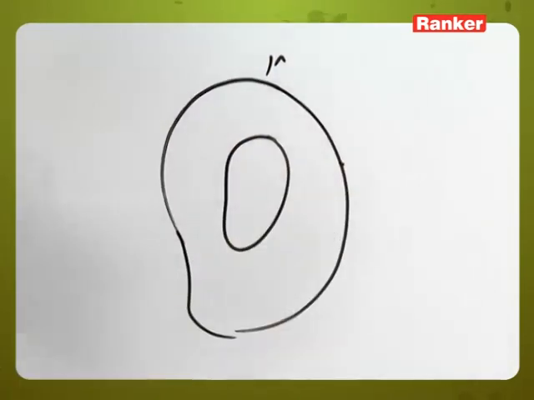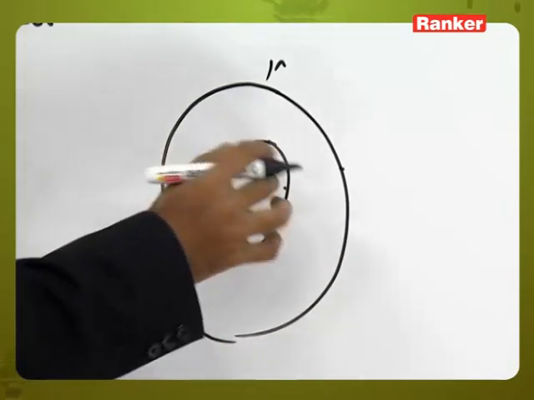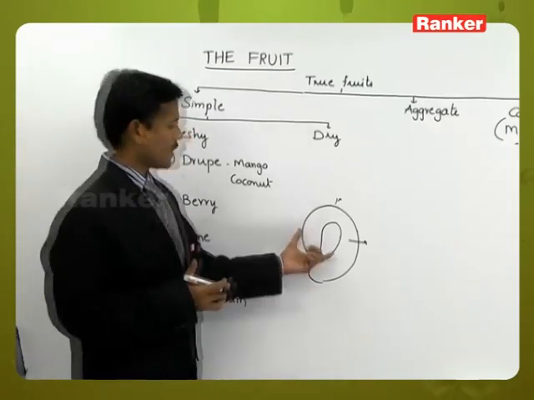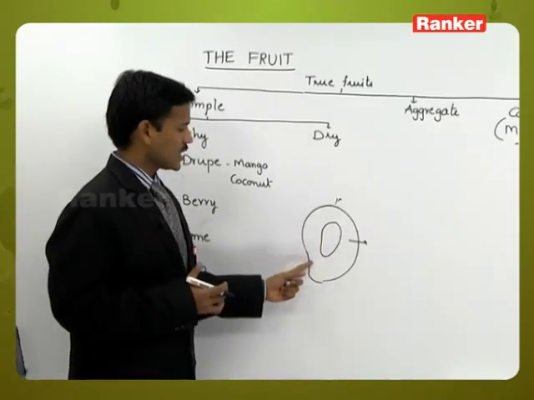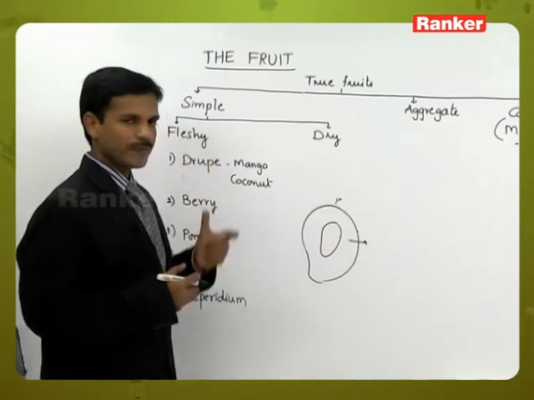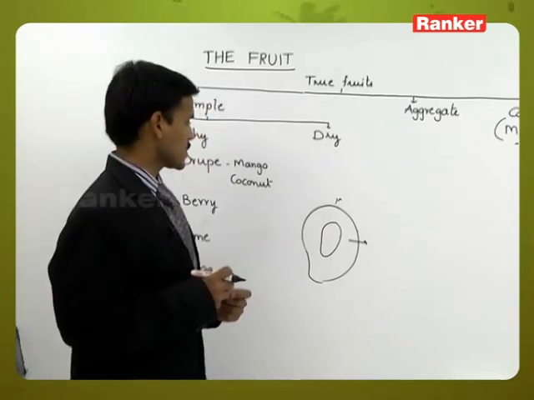Here this middle mesocarp is edible. What we are eating in the mango is the middle mesocarp, which is storing the food materials. In the drupe mainly the endocarp is stony, stone-like hard endocarp is present.